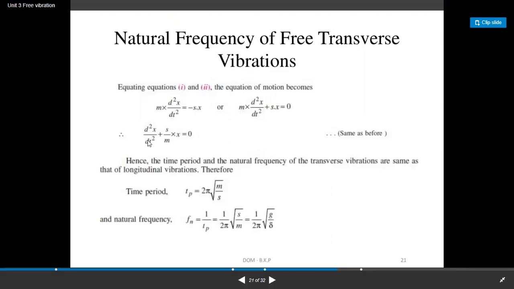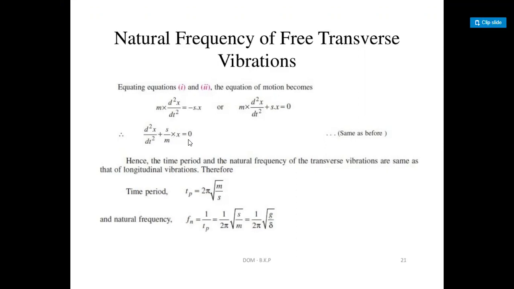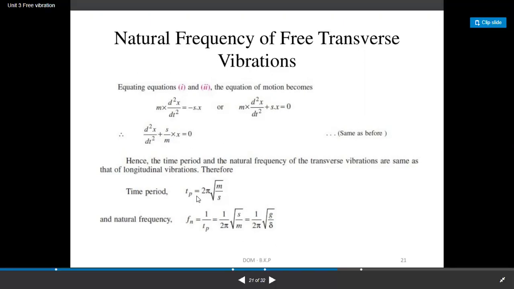So we get d square x by dt square plus s by m into x equal to 0. This is the same equation we solved in longitudinal vibration, so for free transverse vibration the natural frequency fn is equal to 1 upon tp, which is 1 upon 2 pi under root s upon m.